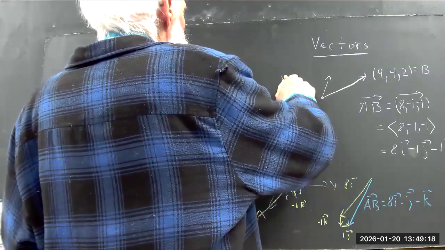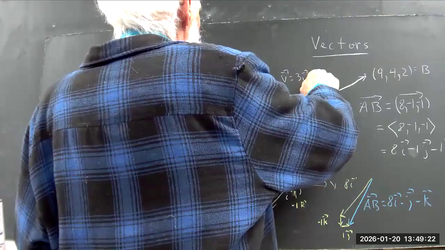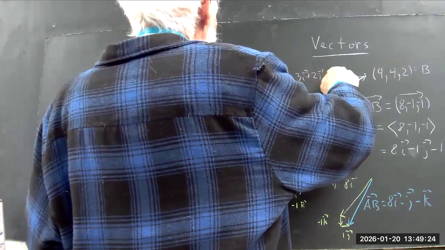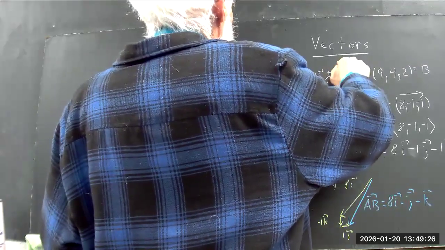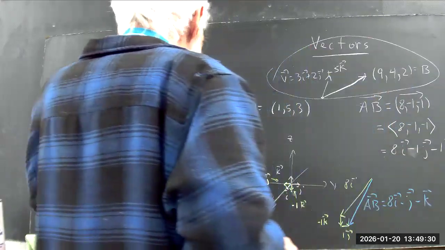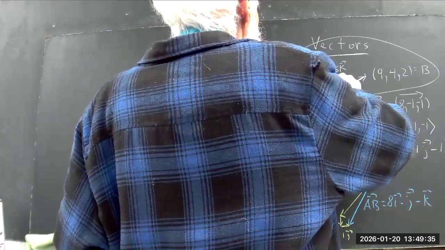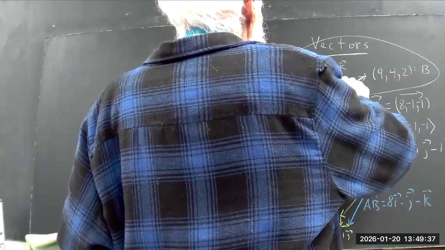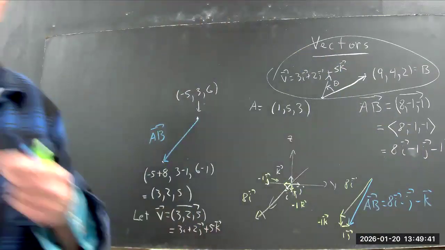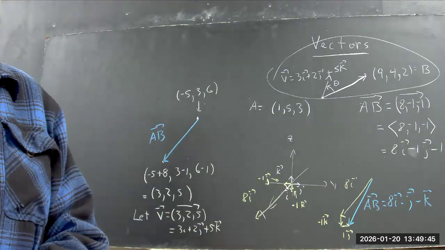But this is our vector v equals 3i plus 2j plus 5k. There's some angle between these two vectors. How can you find the angle?